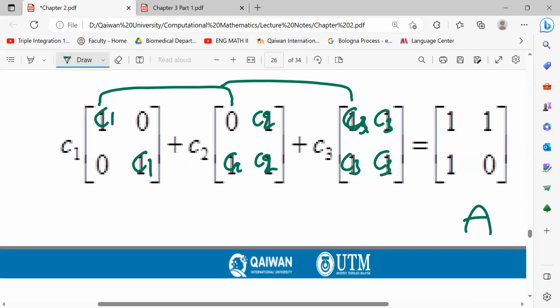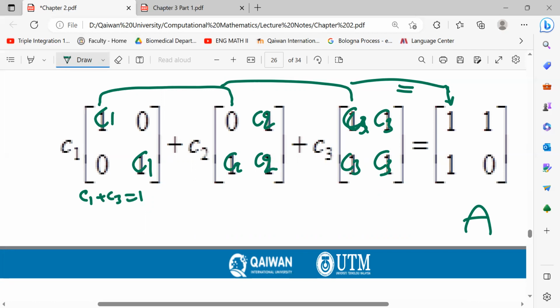This here we get, and we equal it to this one. C1 plus 0 plus C3 is equal to what? 1. So C1 plus C3 is 1. This is an equation.